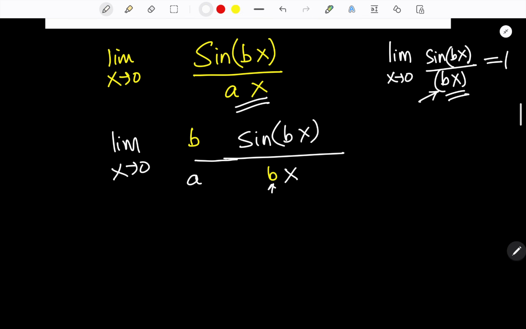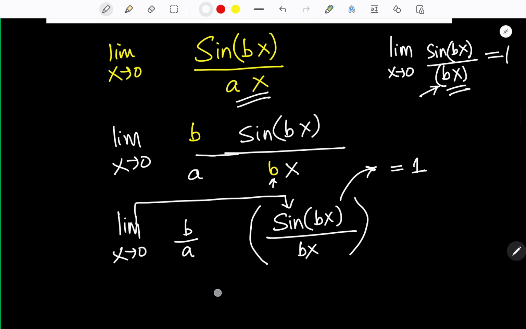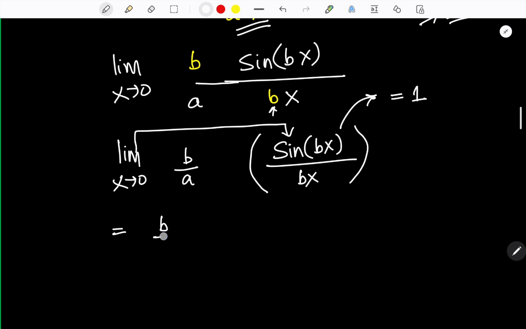So the limit as x goes to 0 of b divided by a times sine bx divided by bx. When x goes to 0, what is the value of sine bx divided by bx? It is equal to 1. So what's your answer? b divided by a is your answer.